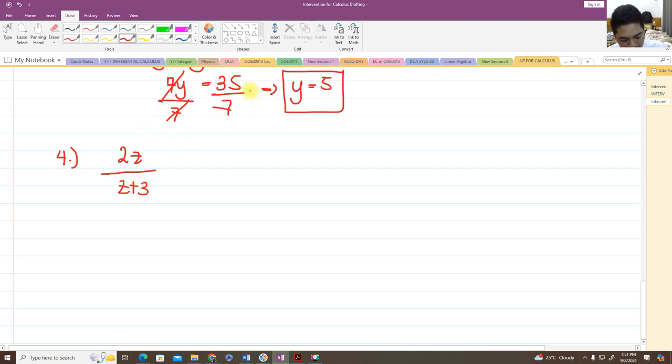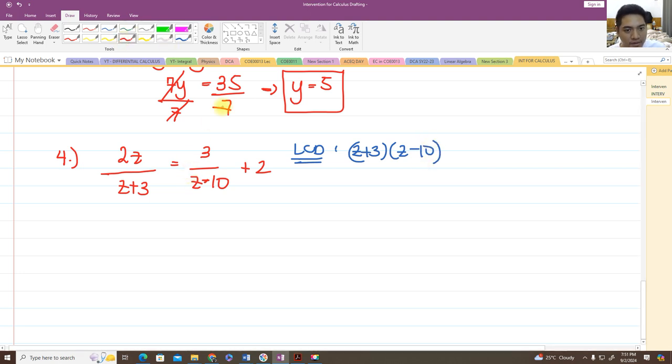Equals 3 all over z minus 10, plus 2. So obviously, we can cross multiply this. By the LCD, they are unique, correct? So the LCD should be (z plus 3) and (z minus 10).